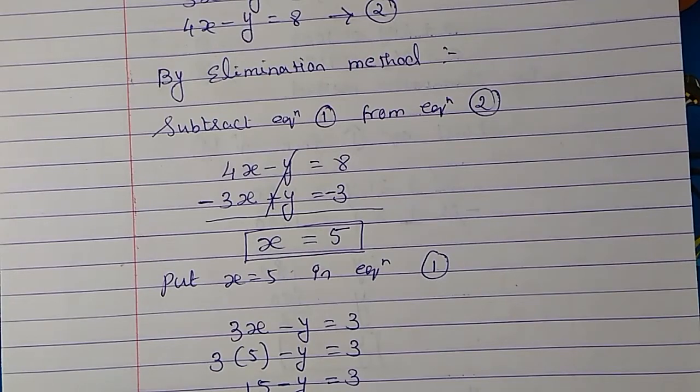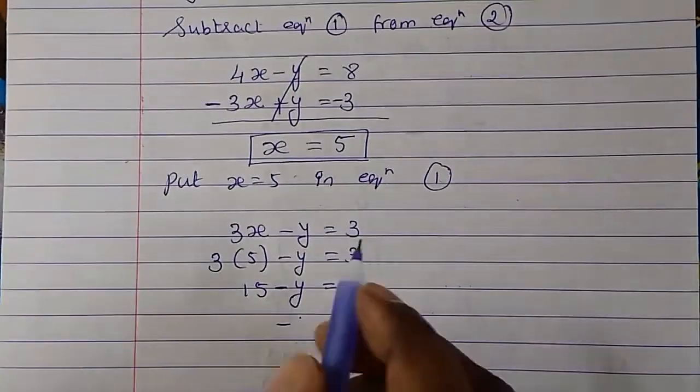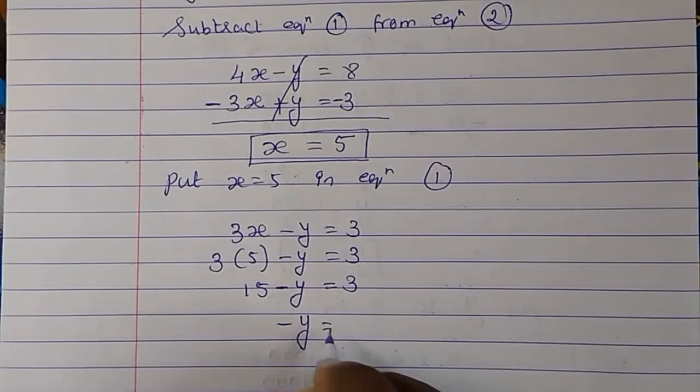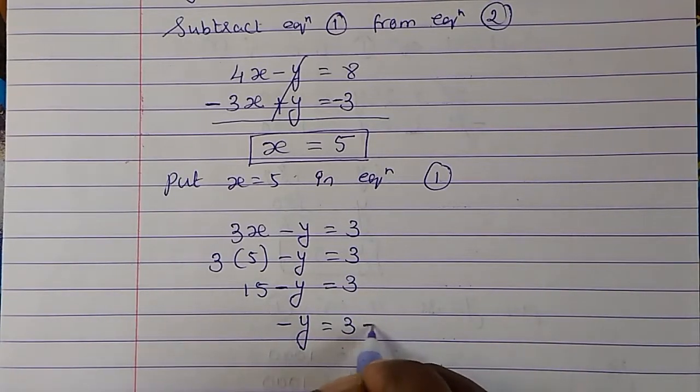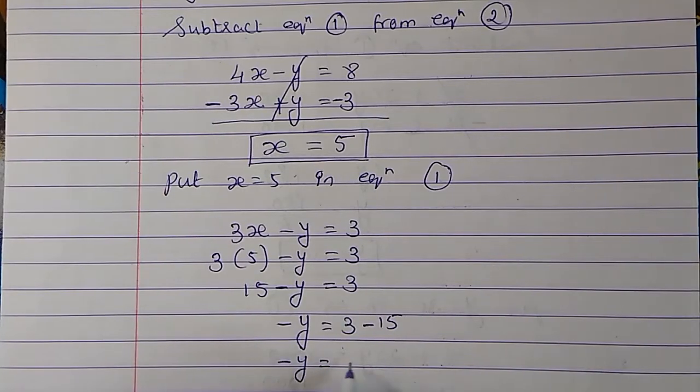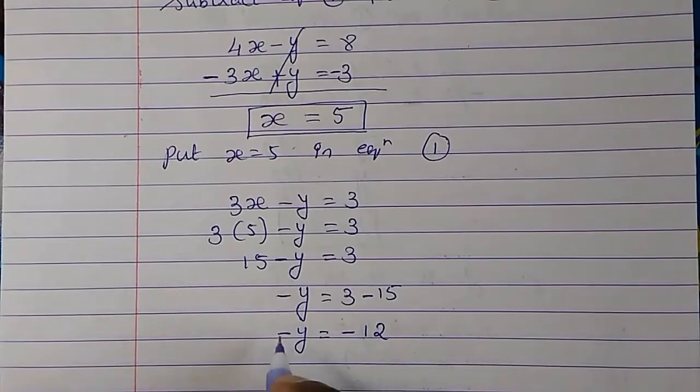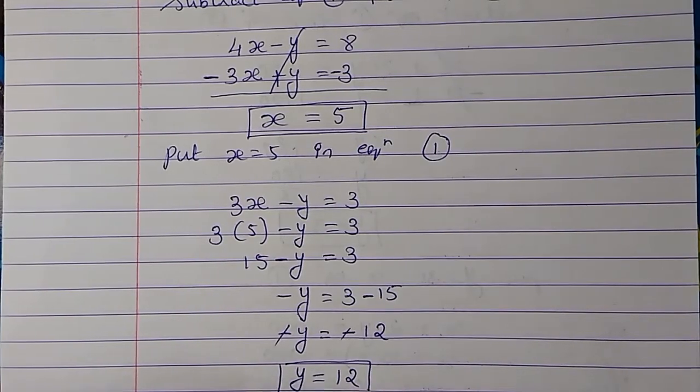Let's keep y here only because we have to find the y value. This plus 15 when it comes here becomes minus 15. So we will have minus y equal to minus 12, because 15 minus 3 gives 12, but the bigger number is minus, so we put minus. Now minus minus gets cancelled, so y equal to 12.